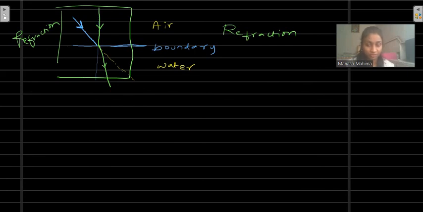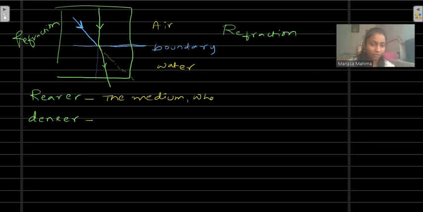Now we need to understand what a rarer medium is and what a denser medium is. Rarer medium is the medium where the speed of light increases.